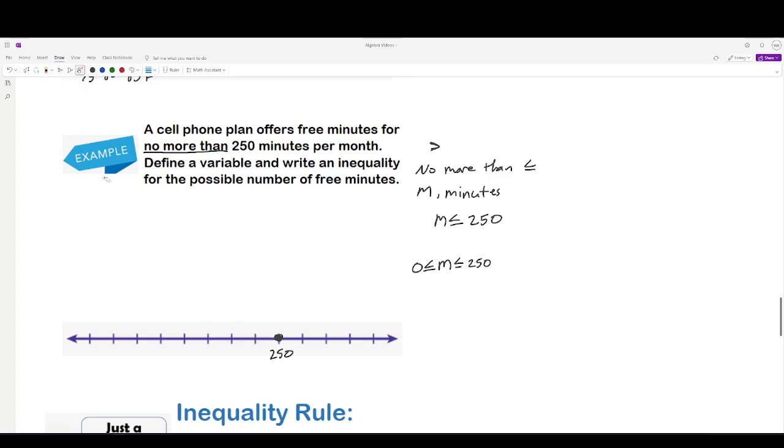So to make that a really robust and complete answer, I would have 0 over here with a closed dot, 250 over here, and then all the values in between. Keep in mind there are still infinite values here, everything between 0 and 250. If I used 3 minutes or 3.17 minutes, there are infinite numbers between any two numbers on the number line if it's continuous.